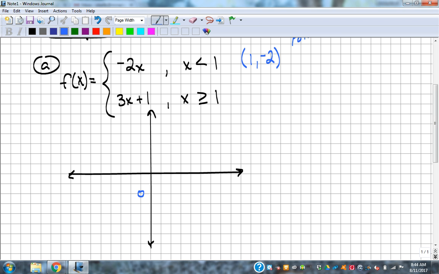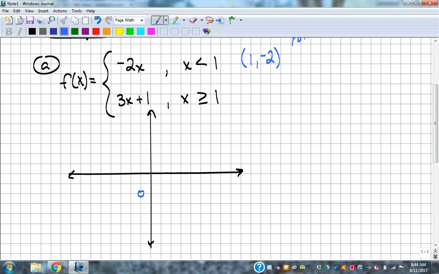Now, here's what we got to think about. What x values does negative 2x work with? Works for all x values that are what? Less than 1. So which direction is that going to go? Left or right? Left. So I'm going to use the knowledge I have about linear pieces and say, okay, if it's going to go left, I know that that's the slope of negative 2.